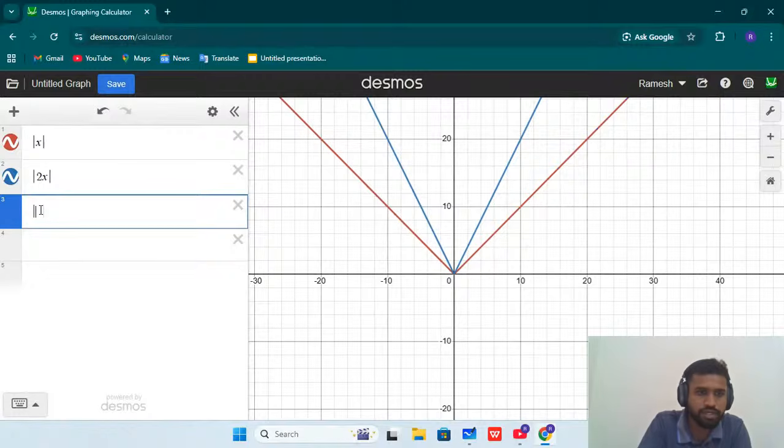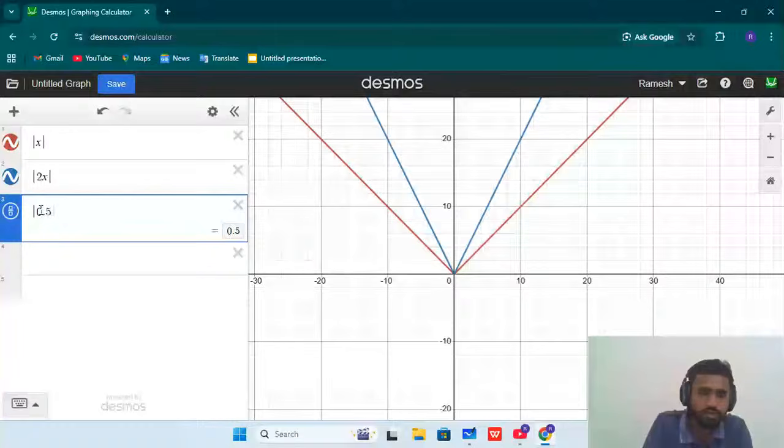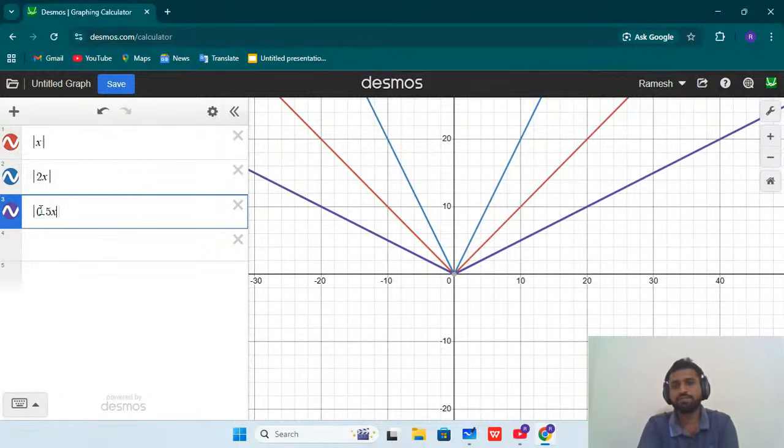So 1 by 2 into x, 0.5x, we can also give 0.5x. Now it is becoming wide. So this violet one is half x, and this blue is modulus of 2x, and the red one is initially y equals mod x. Graphs will be at vertex origin only, but see the transformations here.